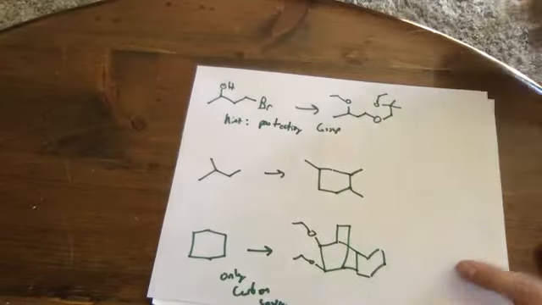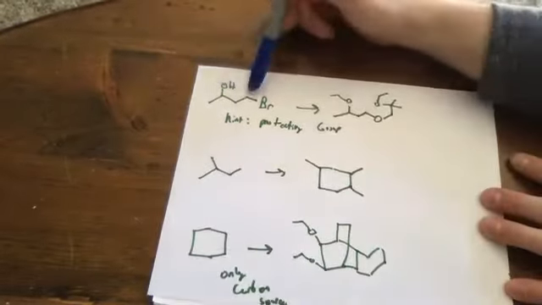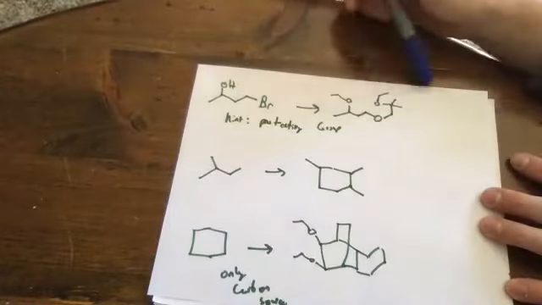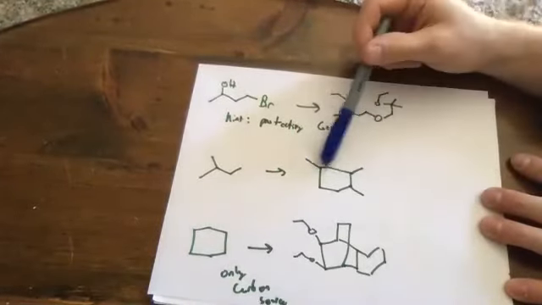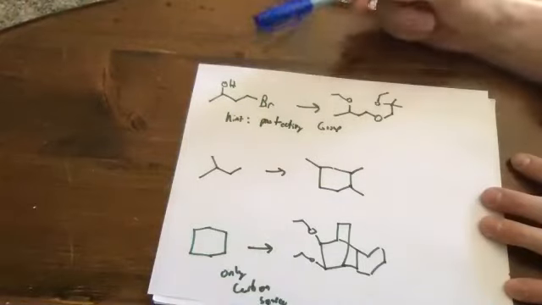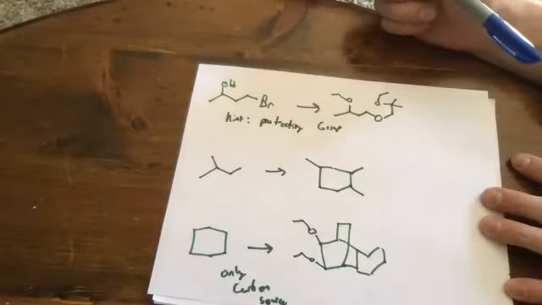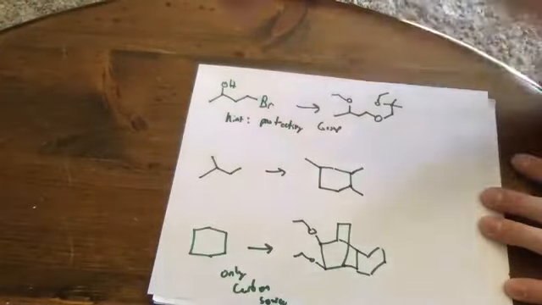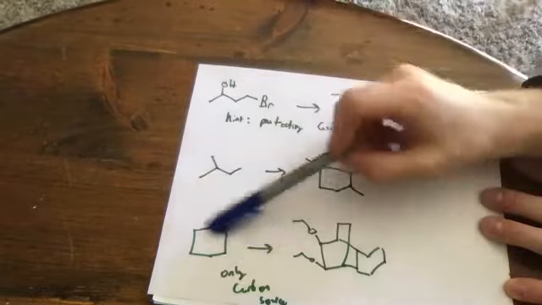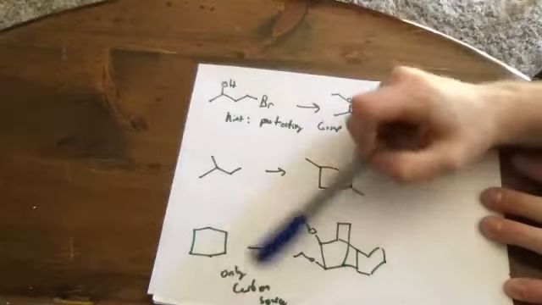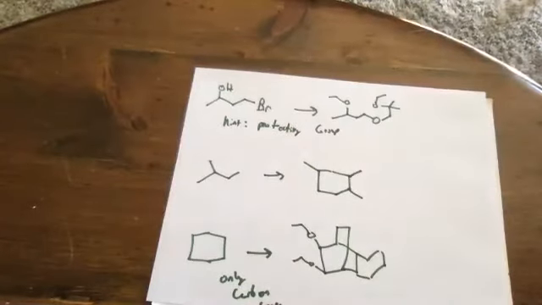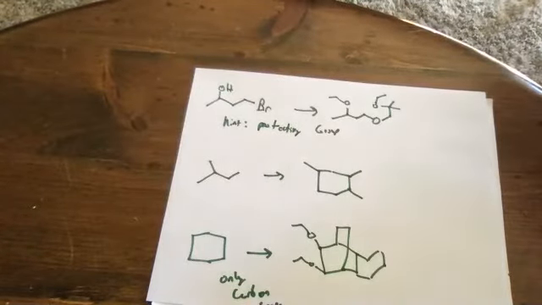As a hint for this first one, you need some sort of protecting group to do this reaction. For this one, you don't necessarily need to use this as your only carbon source, but for this bottom one, I'm going to have you make both the diene and the dienophile out of that cyclohexane. So take about 10 minutes to go through these.